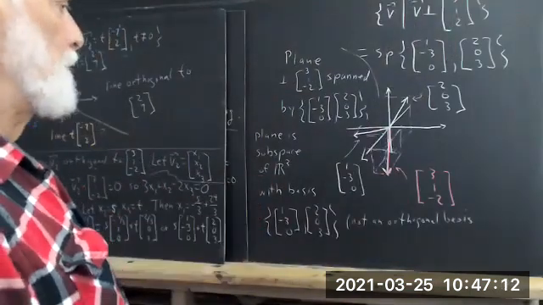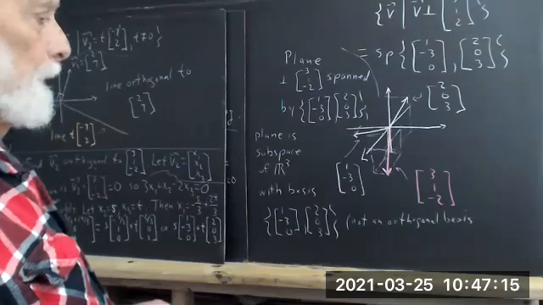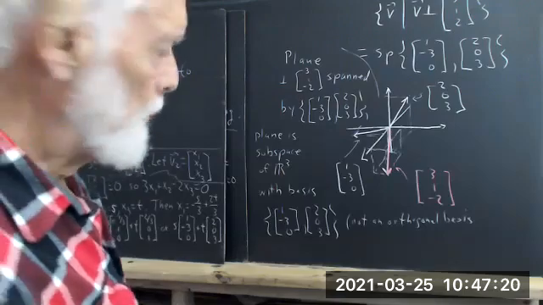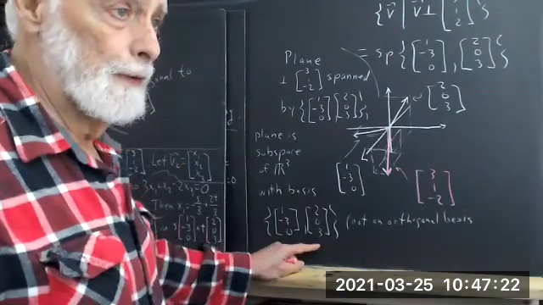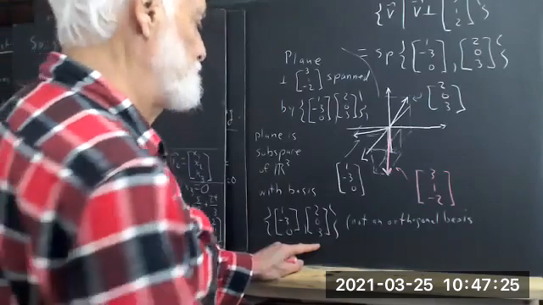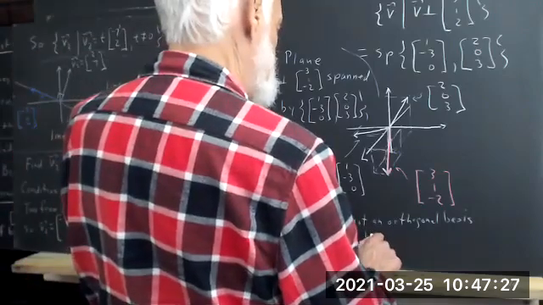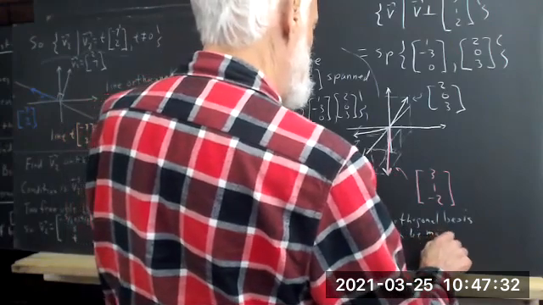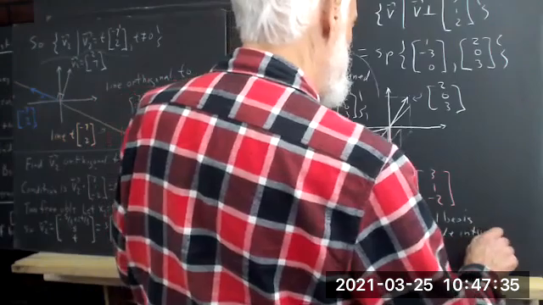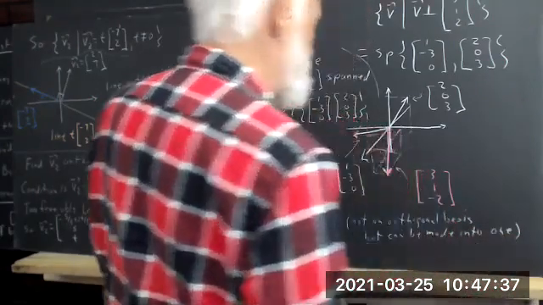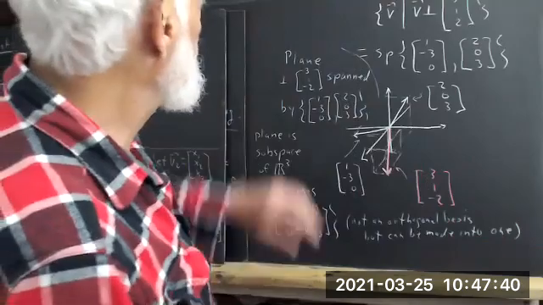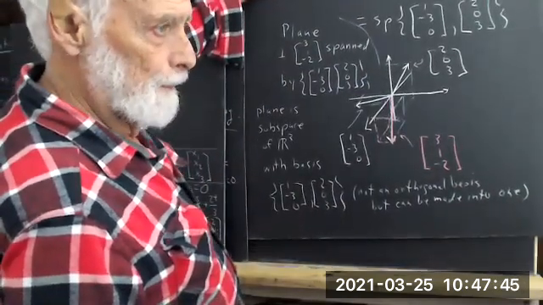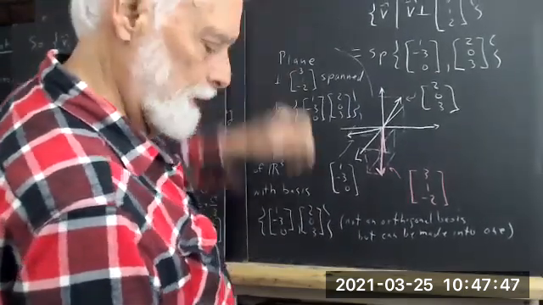In an upcoming section, not too far along, I believe maybe the second or third section of this upcoming chapter, we learn how to make this into an orthogonal basis. So I'll say it can be made into one by this thing called the Gram-Schmidt process. It just involves orthogonal projection.